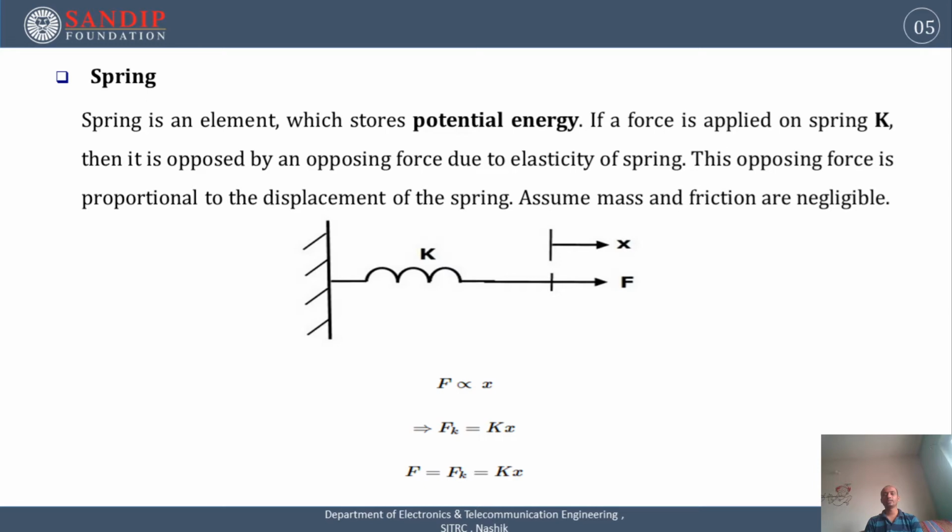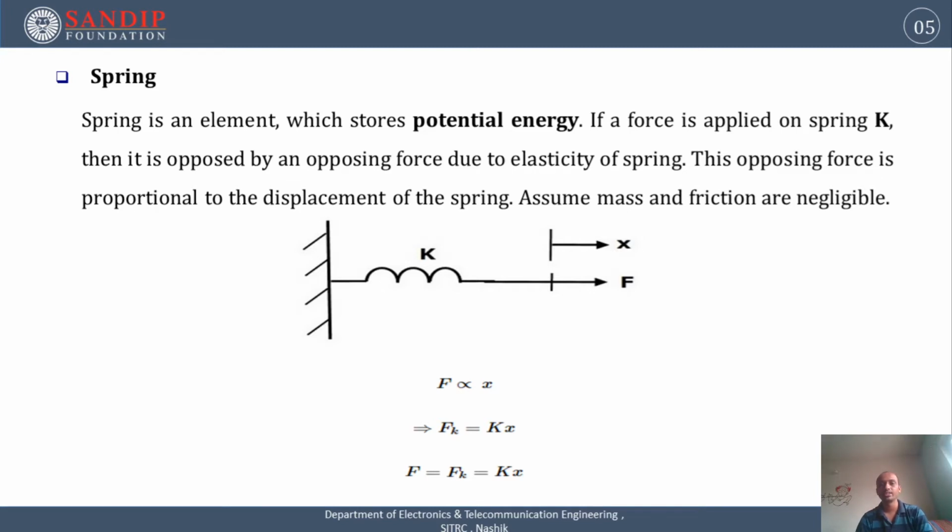Assume here in this case force F is applied on the spring K and it is opposed by the opposing force due to the elasticity property of the spring. In this case we are going to assume the mass of the spring and the friction generated by the spring are negligible. Hence, force is proportional to the displacement x.